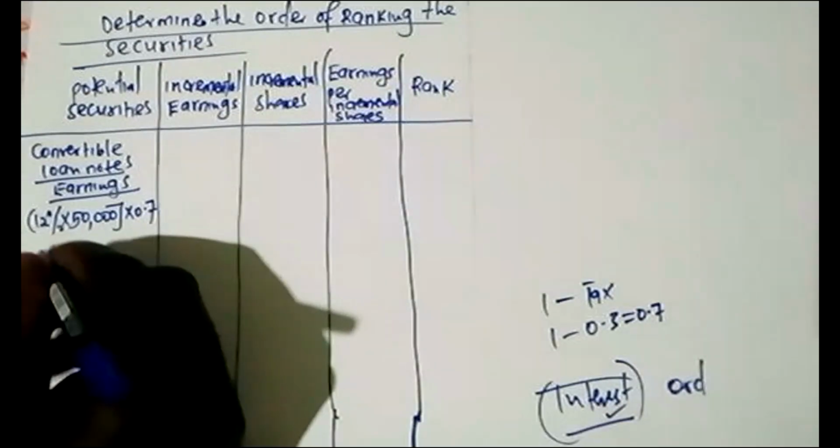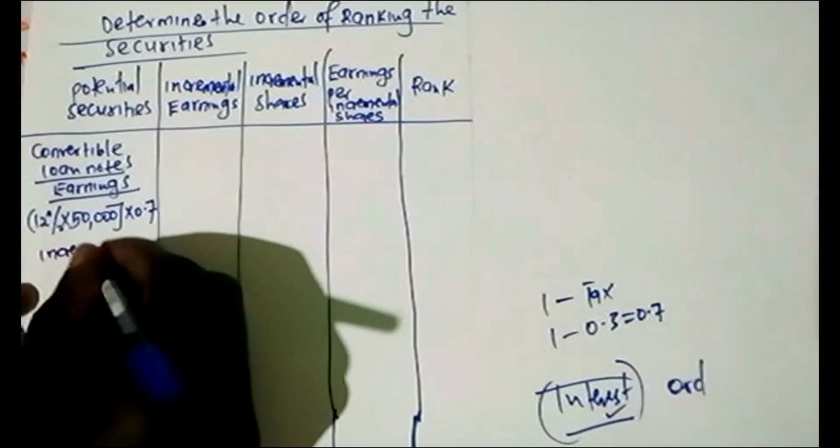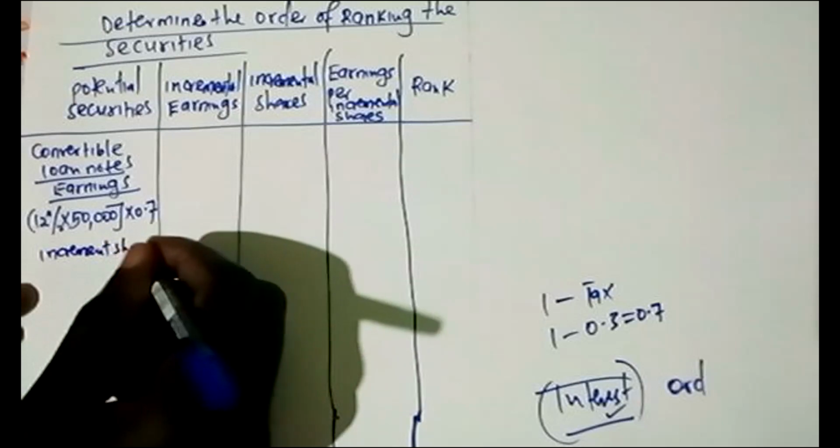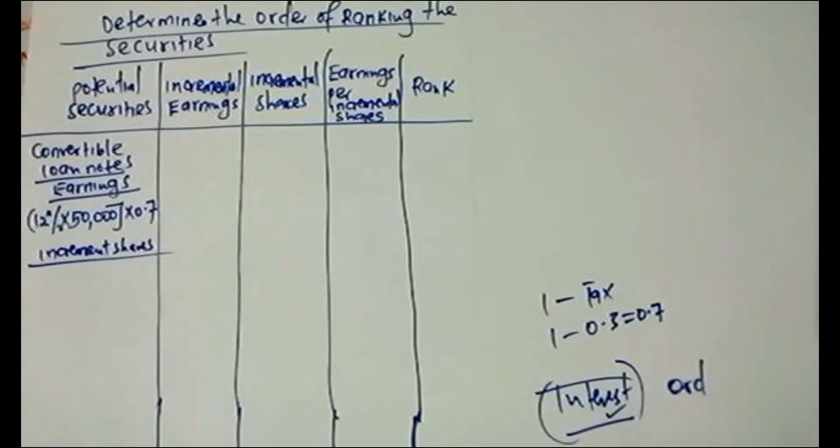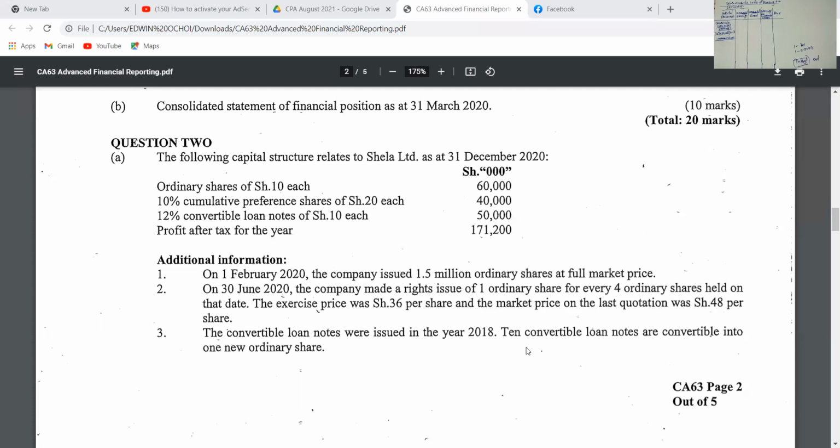Then we have incremental shares. Under incremental shares, we have to use the proportion, and the proportion was given in additional information number 3. The proportion was that 10 convertible loan notes are convertible into 2 ordinary shares.